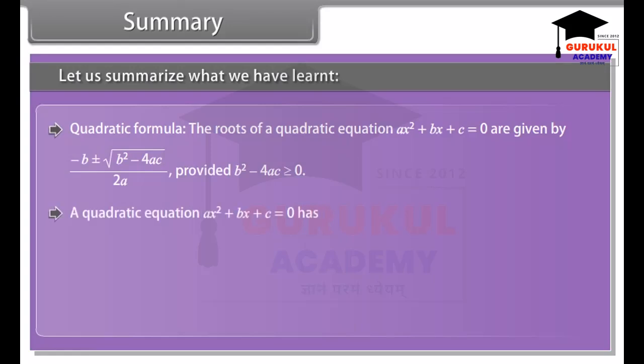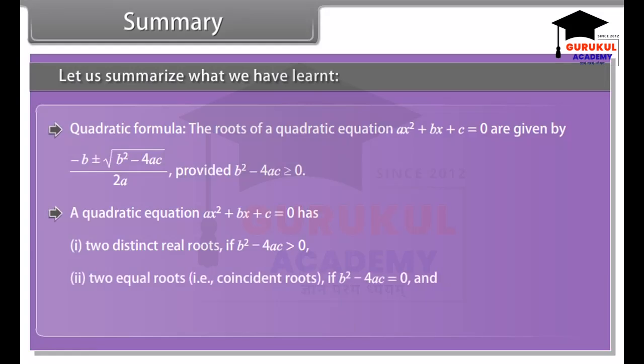A quadratic equation ax² + bx + c = 0 has 1. Two distinct real roots if b² − 4ac is greater than 0, 2. Two equal roots, that is, coincident roots if b² − 4ac is equal to 0, and 3. No real roots if b² − 4ac is smaller than 0.